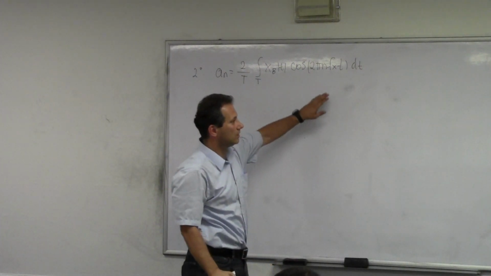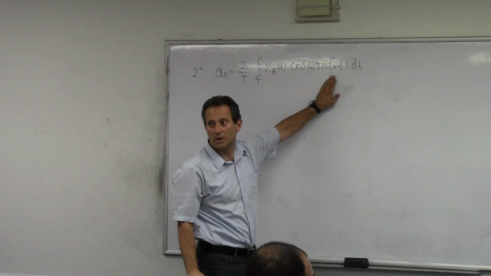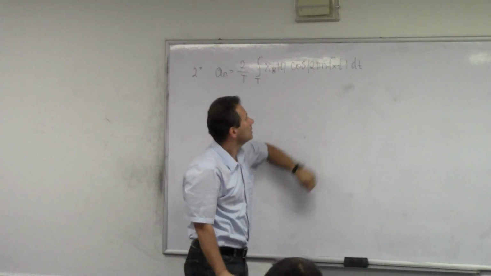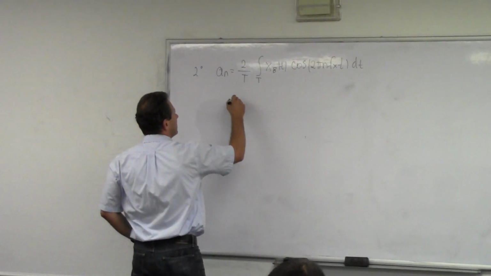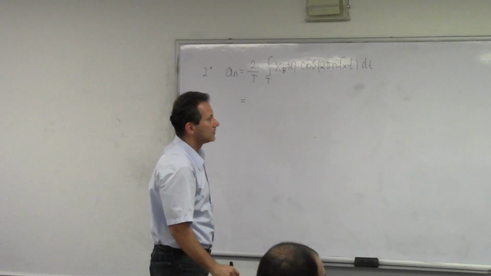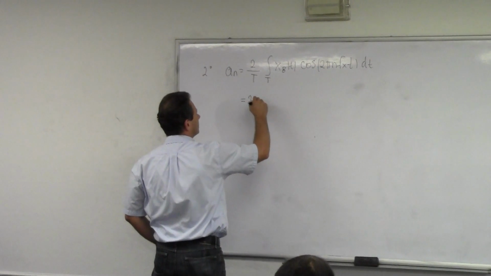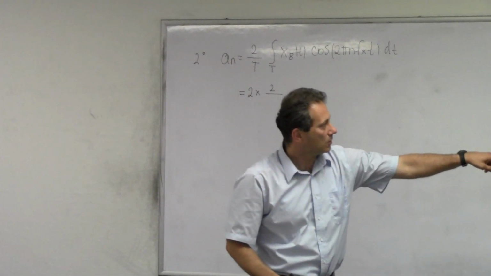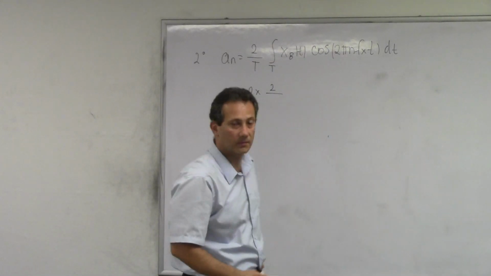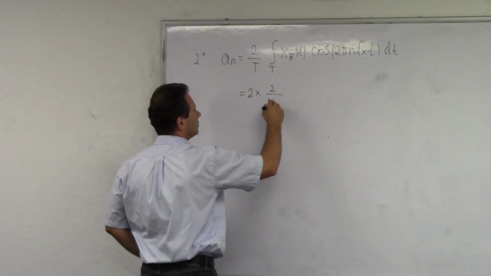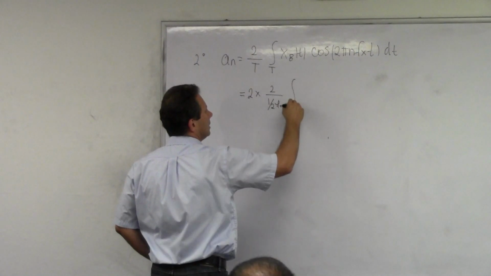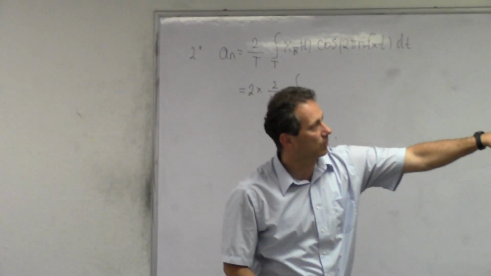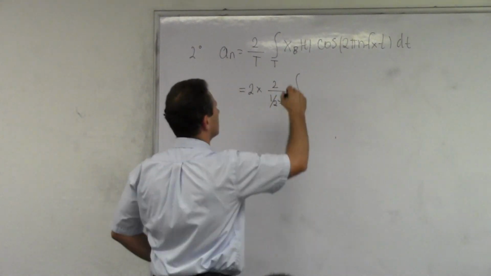Remember, I have to integrate with harmonics of my fundamental frequency. Now, I realize my function is even, so I'm going to say 2 times 2 over the period, which is 1 over 2f0, integral from 0 to period over 2, which is 1 over 4f0.